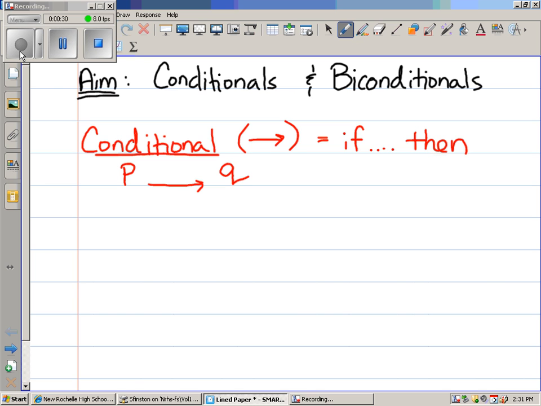So you'll see stuff like this. This is like a logic statement. P is going to be represented by some sentence or statement, Q by another. P is going to be called the hypothesis. It's also called the antecedent.